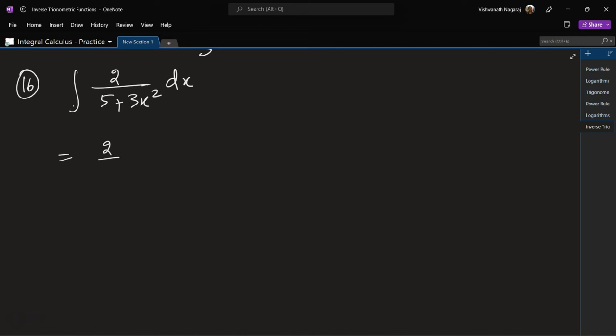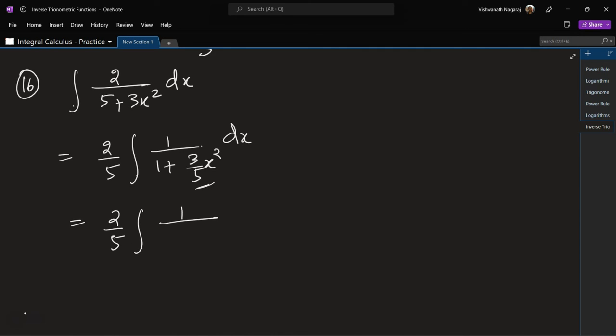Okay, so 2, let's take 5 out. We are left with 1 by 1 plus 3 by 5x square dx. This we want it as a perfect square. So 2 by 5 integral of 1 by 1 plus, let's convert 3 and 5 also as square. So square root of 3 by square root of 5 x square dx.